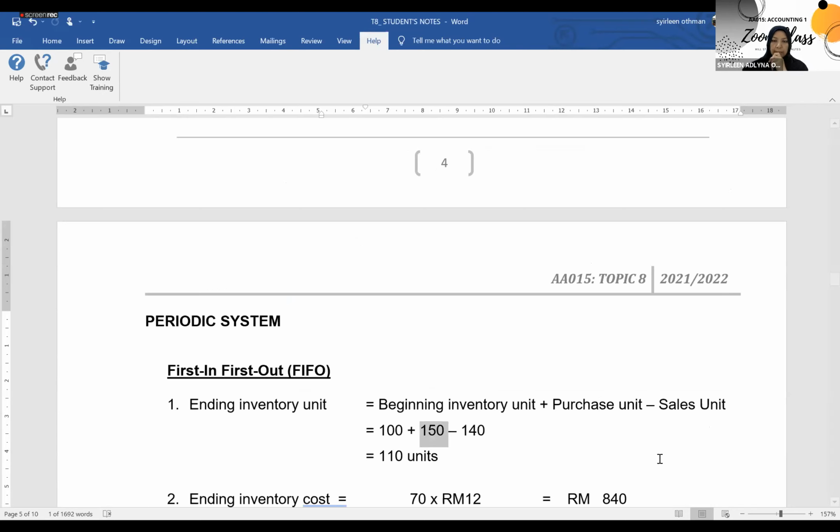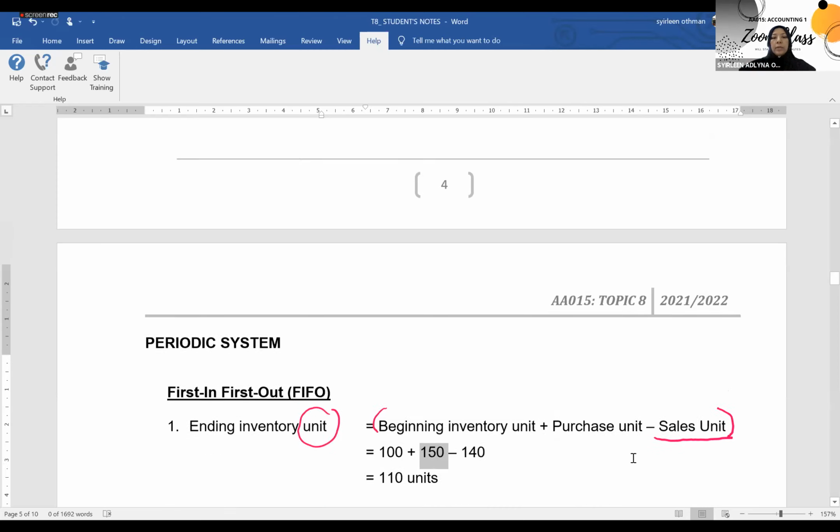And then kita akan minus dengan sales unit. Yang ni you kena faham dan kena ingat. So how I go about with calculating my ending inventory, I kena tahu berapa nilai beginning inventory, I kena tahu berapa nilai purchase unit, I kena tahu berapa nilai sales unit. Unit bukan RM. Jangan salah.